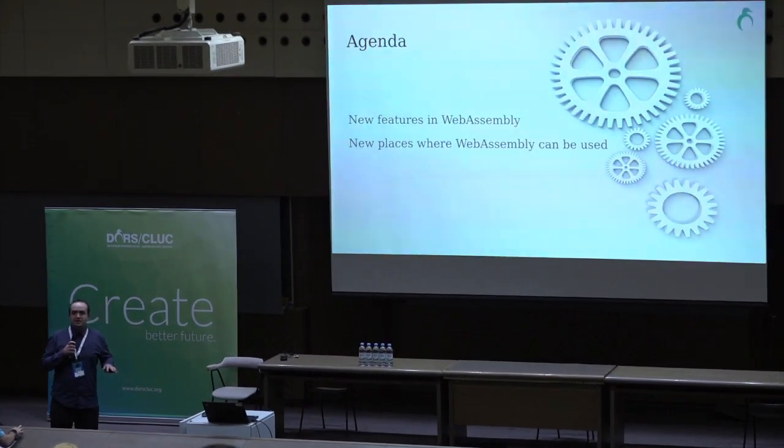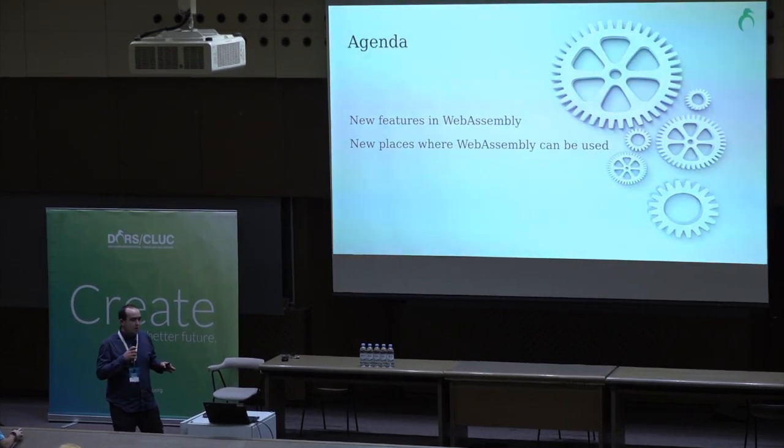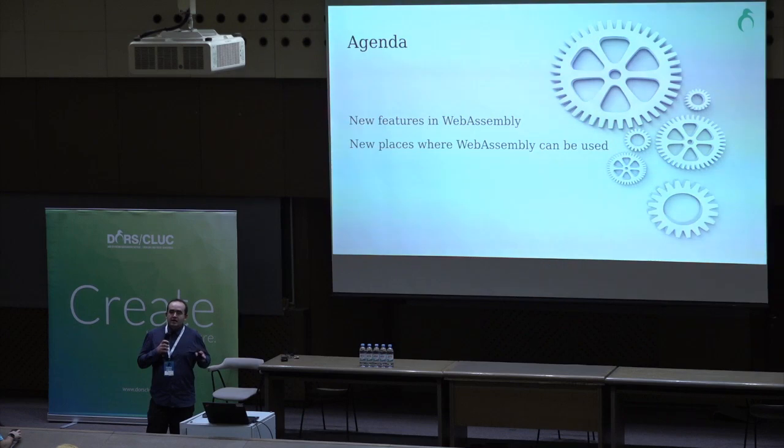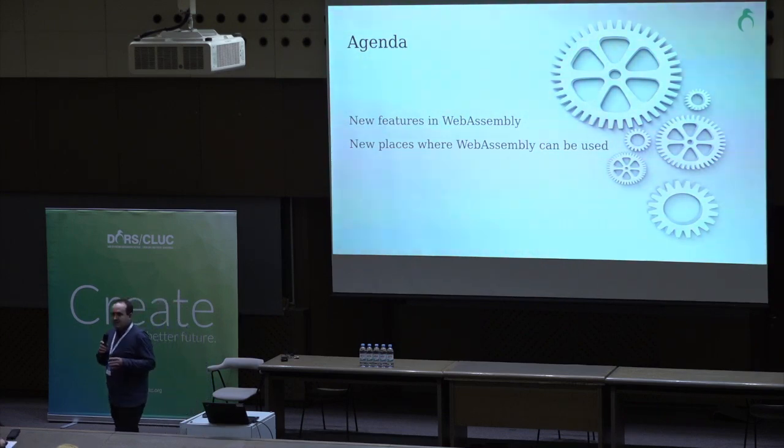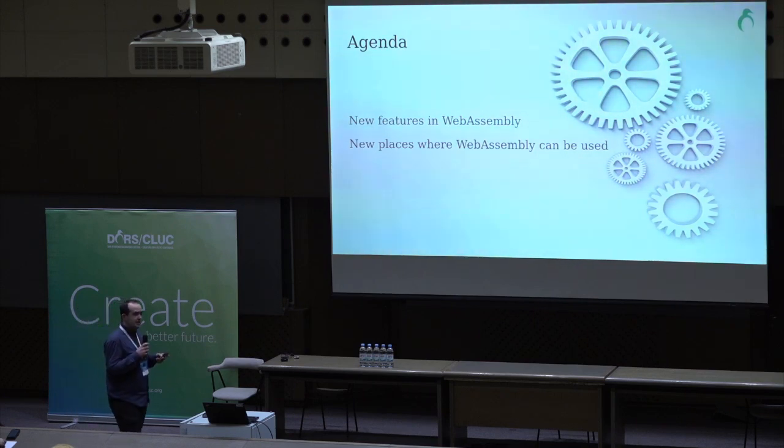My plan for this presentation is to talk about actually two things. One is, let's talk about new features that are coming to WebAssembly. WebAssembly became a standard, WebAssembly 1.0, in December of 2017. That was the MVP, minimum viable product.